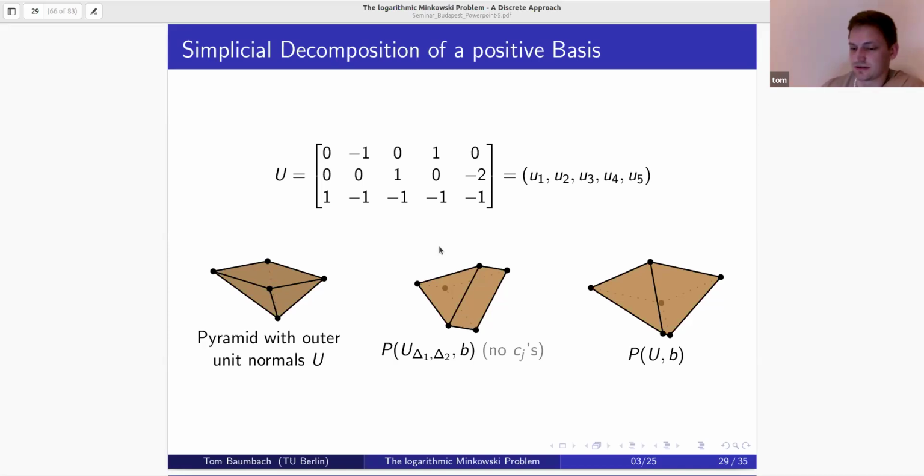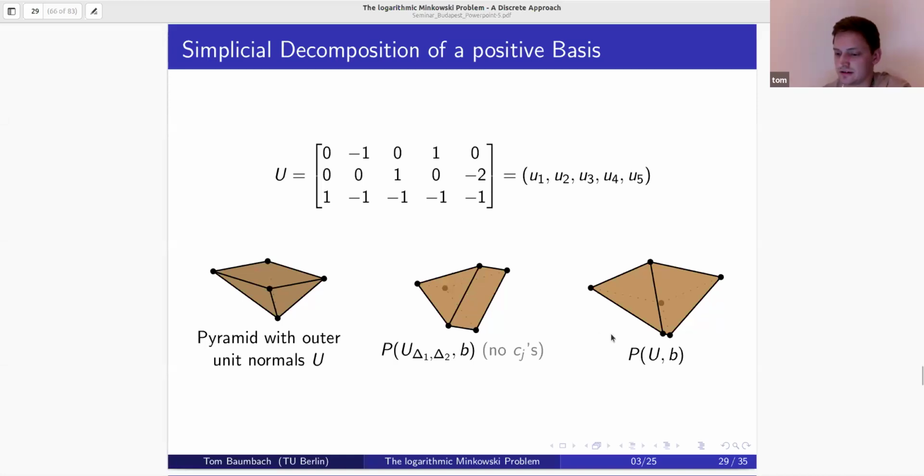Now, I wanted to get rid of these shift vectors. To do so, I'm looking at the set U_{Δ_1,Δ_2} with a right-hand side b. We saw that these are direct sums, so they are orthogonal to each other. We now have a nice sum of two simplices, namely a triangle plus a line segment. That's basically what is happening if we forget about these shift vectors.